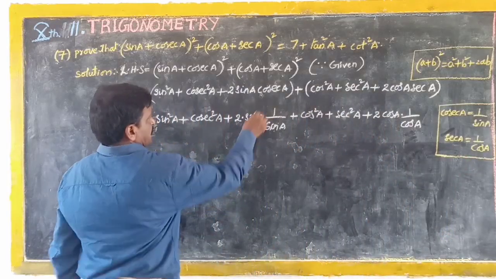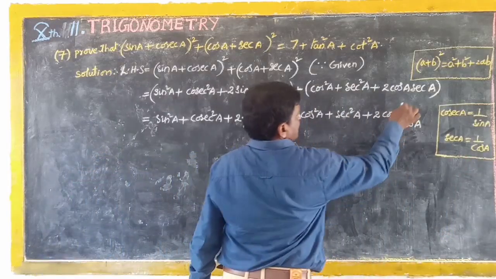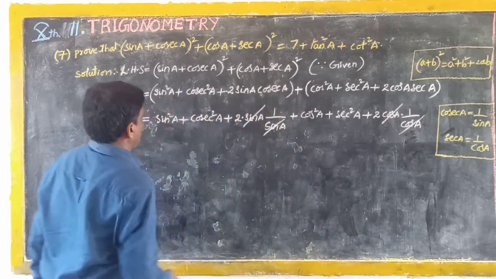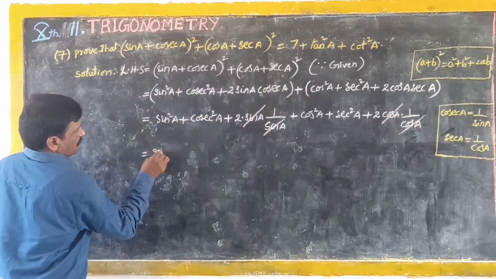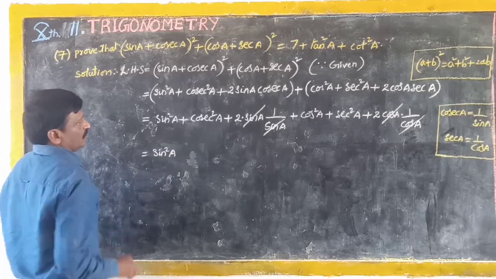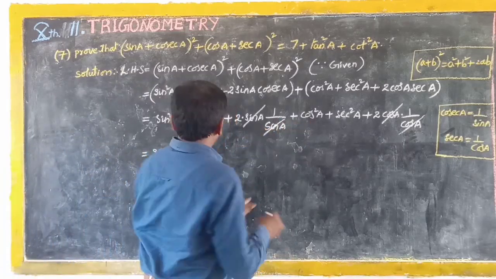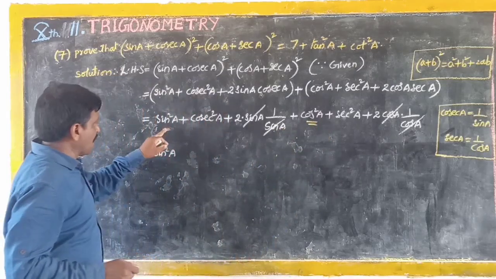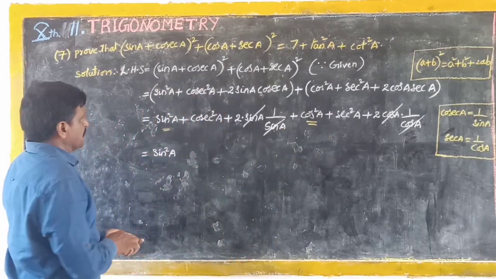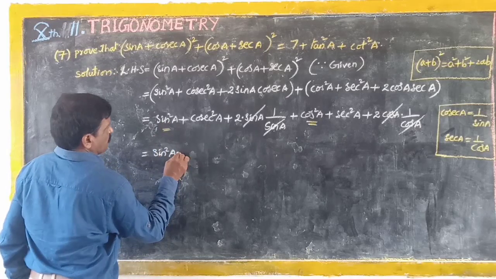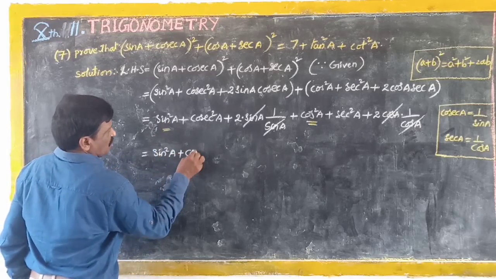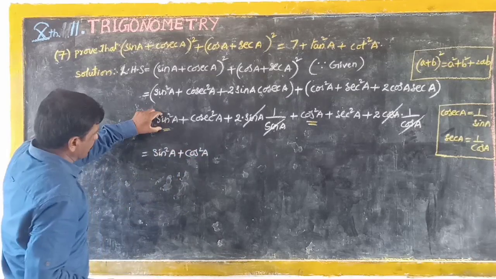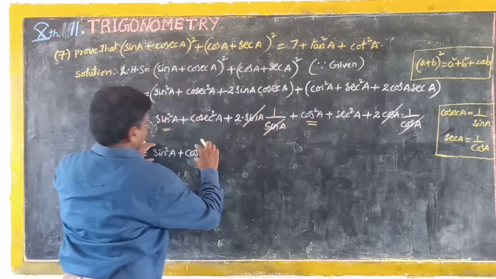So sin a times 1 by sin a, and cos a times 1 by cos a. Now sin²a plus cos²a, I will write 1 by 1, so 1 plus 1 is sin²a plus cos²a.